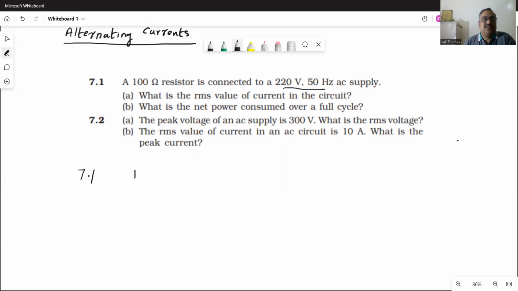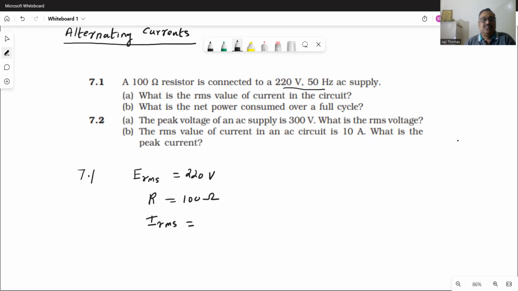So what is RMS voltage? ERMS is equal to 220 volts. Then resistance is also given, 100 ohm. You have to find out the RMS value of current. What is the equation for RMS value of current?